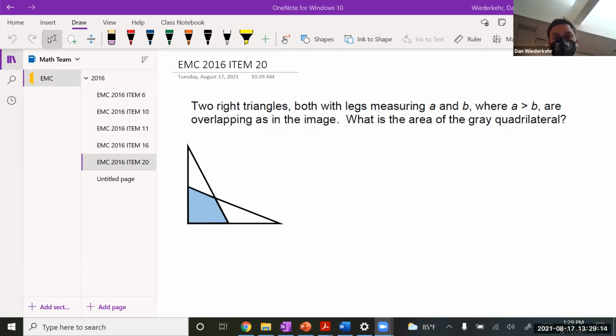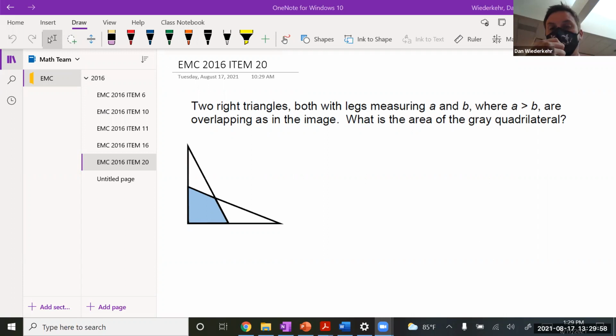Okay, so we're taking a look here at item 20 from the 2016 Excellence in Mathematics competition. Let's read through this first.